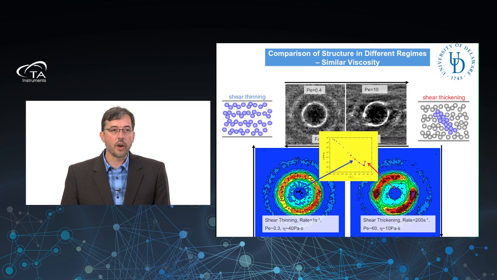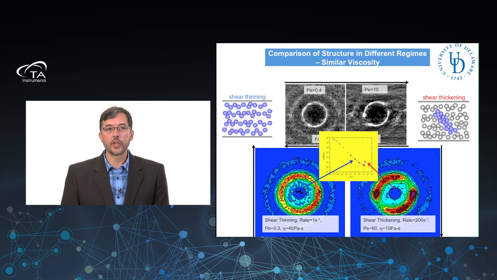And the neutron scattering data you see on the lower left and the lower right corresponds nicely to what you see in the images that were published by the simulations, confirming the basic idea, which are in the cartoons to the left and right. So at the lower shear rates, we're in the shear thinning regime. Brownian motion is still very important and is an important contribution to the overall viscosity, and the particles are dispersed but roughly following each other along streamlines. On the right, you can see a very different structure that corresponds to these hydroclusters.